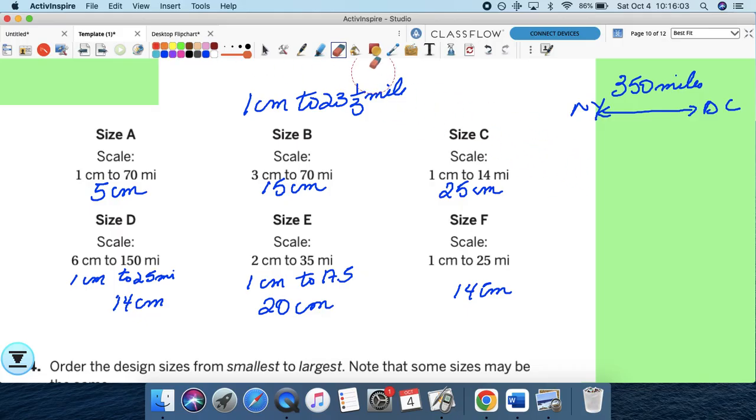So let's do A again. So A would be 5 centimeters. And I'm going to make this 5 centimeters. Okay. If I took a ruler and measured, that would be 5 centimeters. And that would represent New York to DC in my notebook or in your sketchbook. If I use scale B, it'd be 15 centimeters.